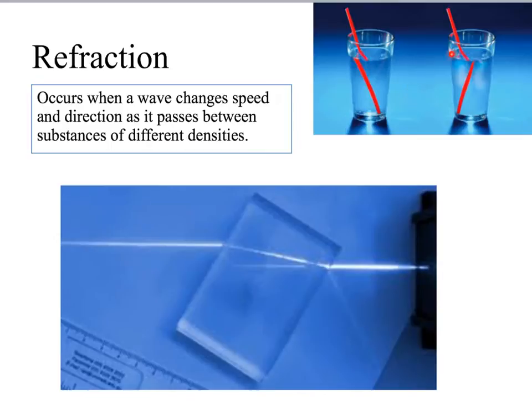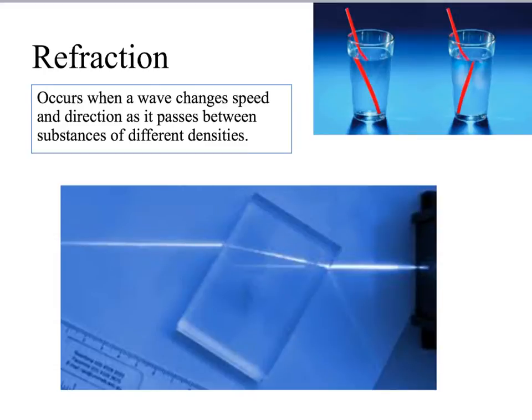This picture at the top up here shows an example of a phenomenon which is caused by refraction of light. If you look at this picture at the bottom here, you may have done something similar to this in one of your physics lessons, and this also illustrates refraction.